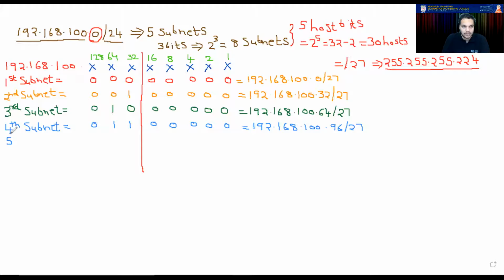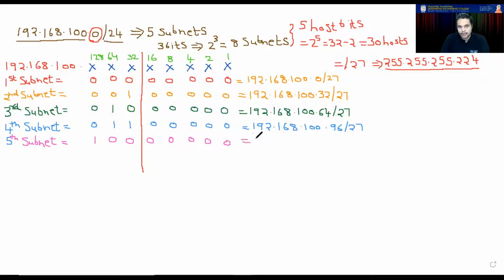For the fifth subnet, let me take another color, just for fun and also for visibility. I like to play with colors. For the fifth subnet, my bit positions will be 1, 0, 0. Let me put in all zeros in the remaining bit positions again.